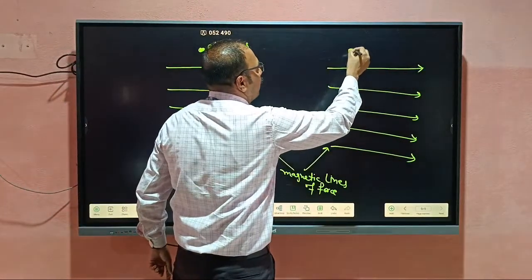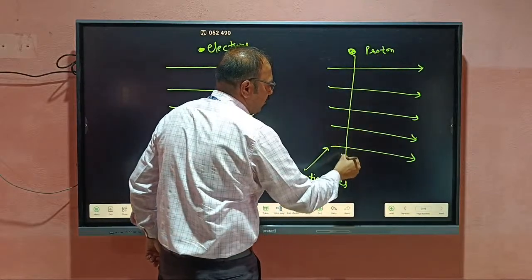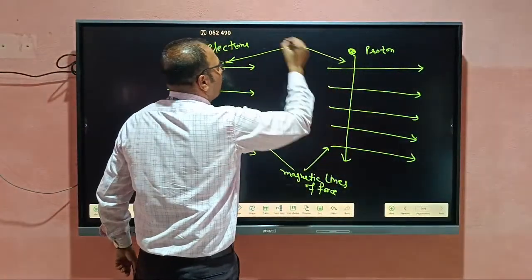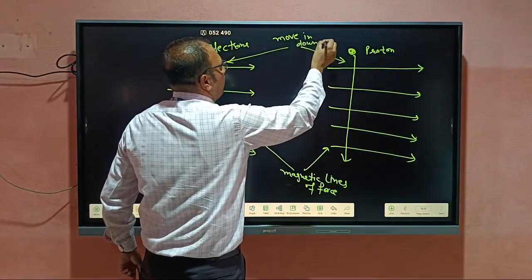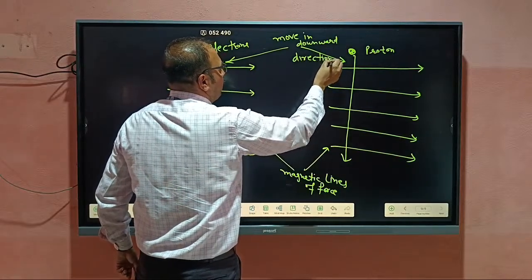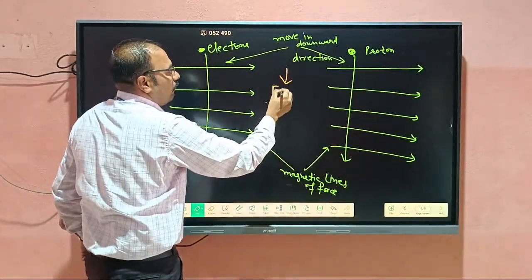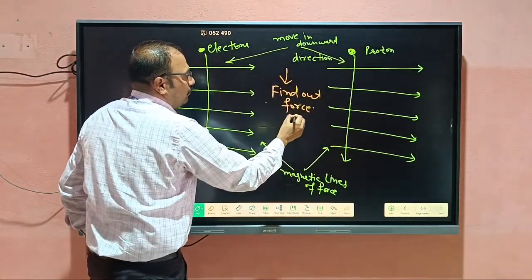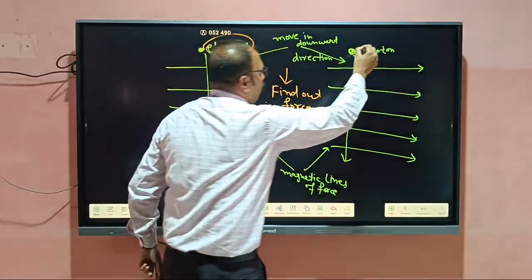And this is a proton. So they are moving in the downward direction. So find out the force on the charged particles, electrons and protons.